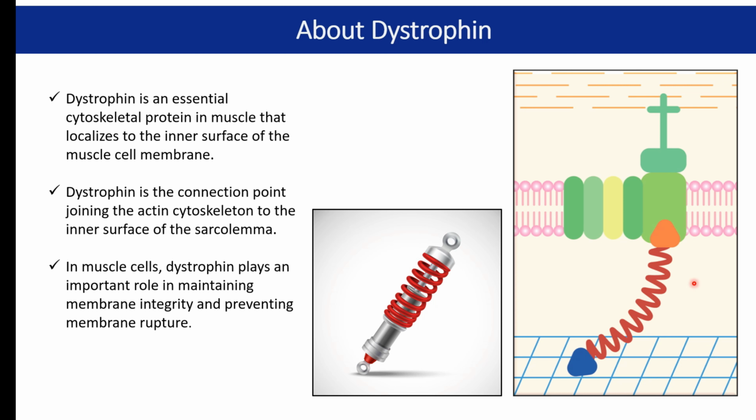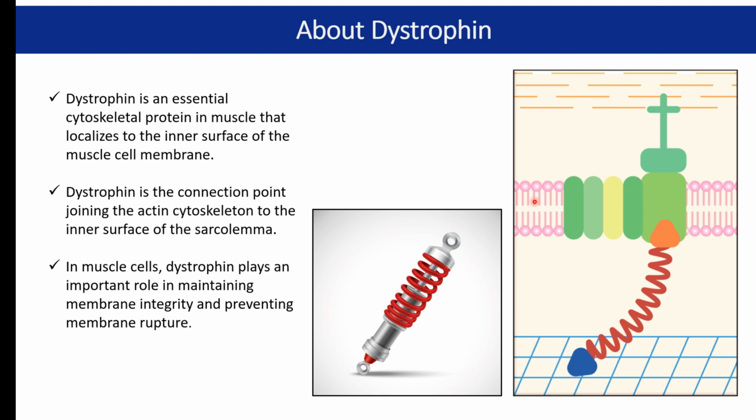In the muscle cell, dystrophin plays a very important role in maintaining membrane integrity and preventing membrane rupture. This is the outer matrix. Imagine, these muscle cells are meant to contract.